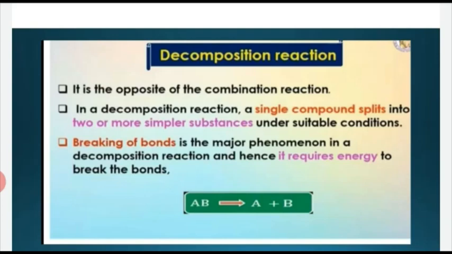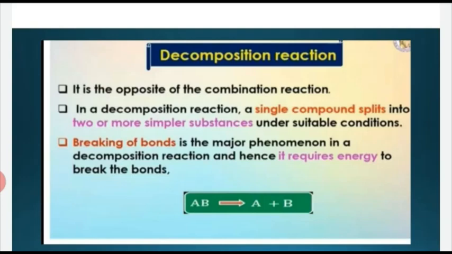Okay. So in a decomposition reaction, a single compound splits into two or more simpler substances under suitable conditions. This breaking of bonds is the major phenomenon in a decomposition reaction.